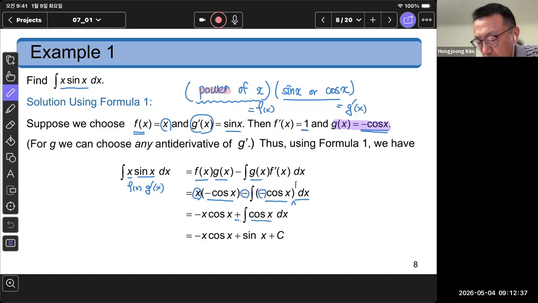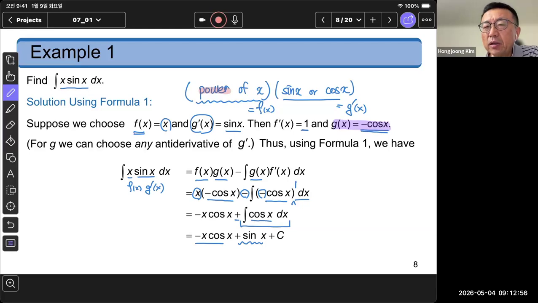In this integral, you need to find an antiderivative of cosine. What is it? Sine. So the result will be negative x cosine x plus sine x plus constant c.